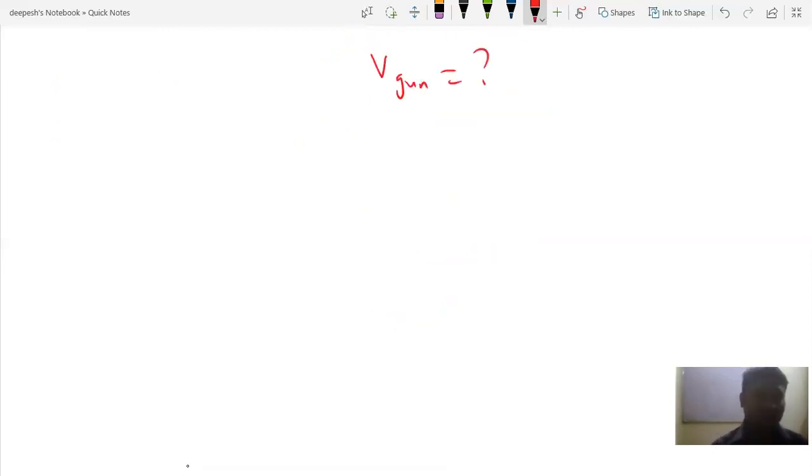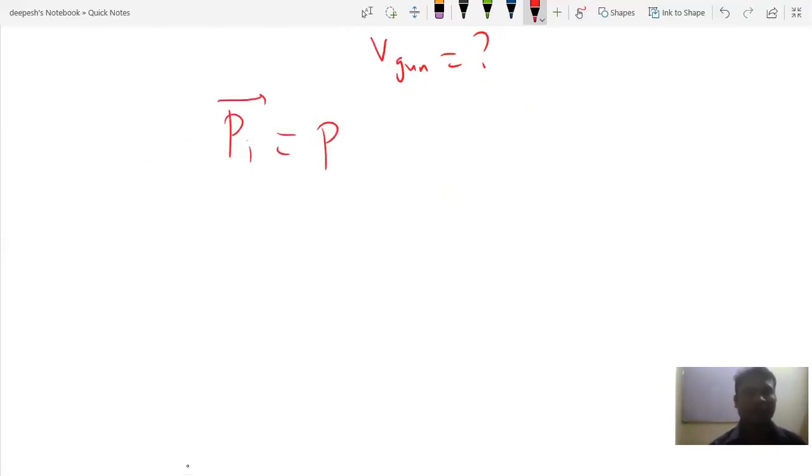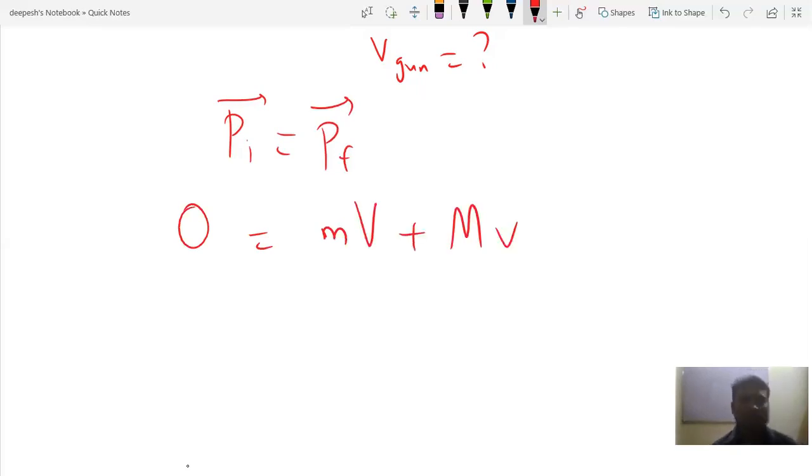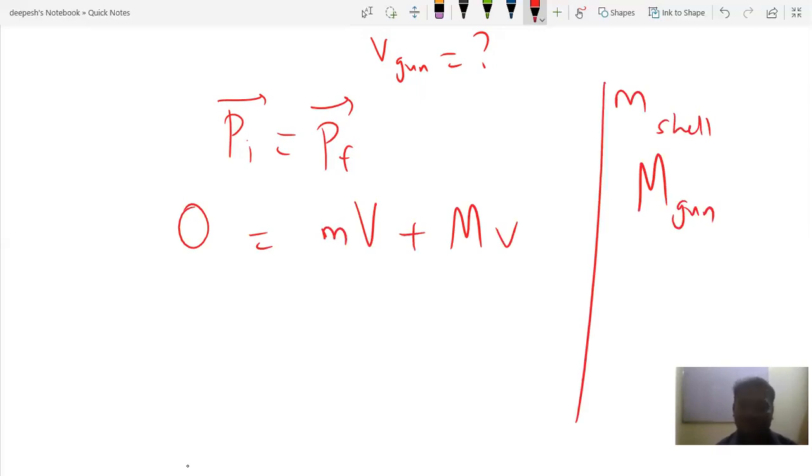So we can say, in this case, the initial momentum Pi equals the final momentum Pf. In this case, the initial momentum is 0. The final momentum is mass into velocity plus mass into velocity, where small m is the mass of the shell and capital M is the mass of the gun. The gun has greater mass and the shell has small mass, so the velocity of the shell will be greater and the velocity of the gun will be smaller.